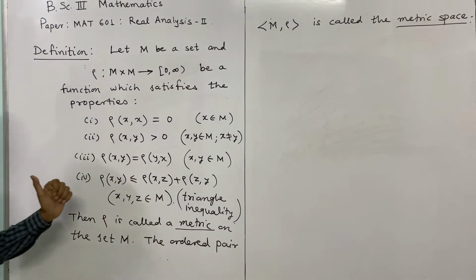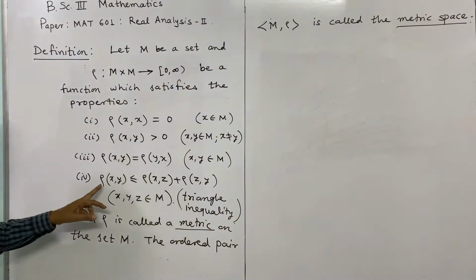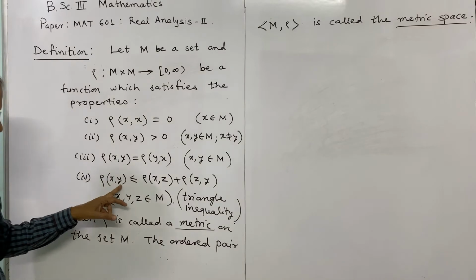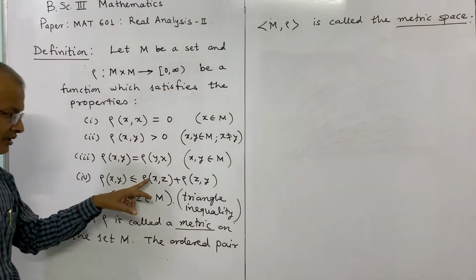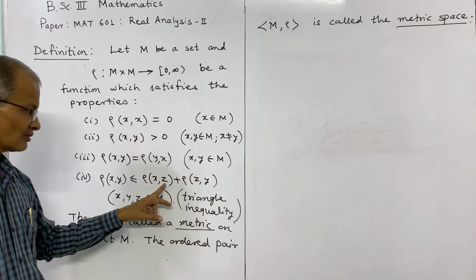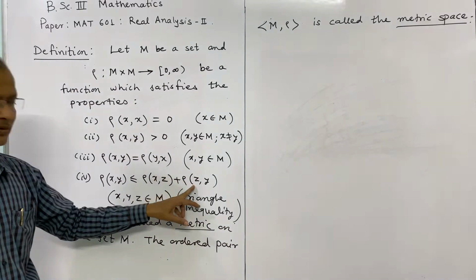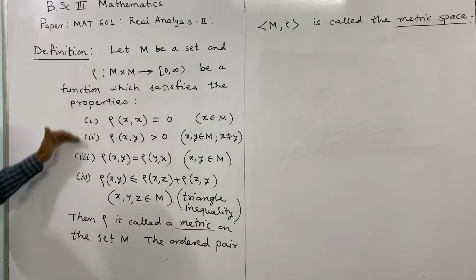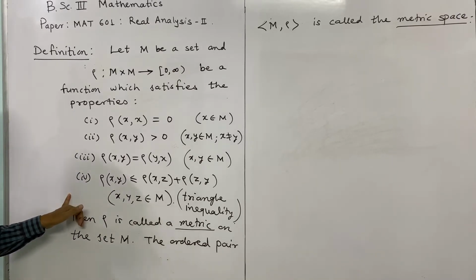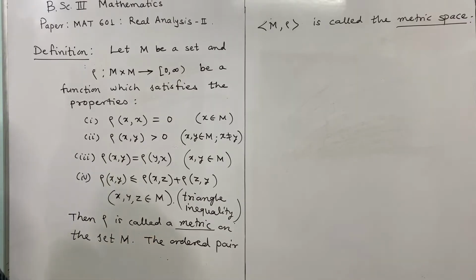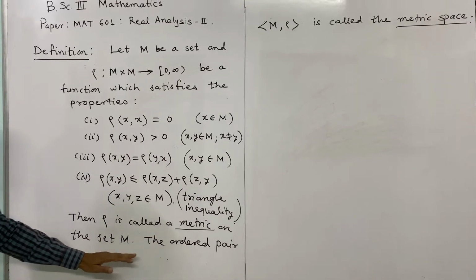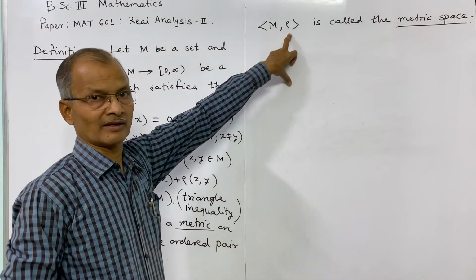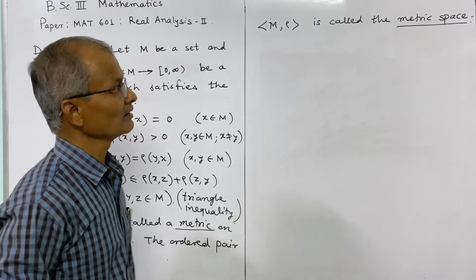So metric means distance function, and this is the triangle inequality. The direct distance between x and y is always less than or equal to the distance between x and z plus the distance between z and y, and that is the triangle inequality. If these four properties are satisfied by the function rho, it is called a metric on the set M. And then the ordered pair M, the set together with this metric defined on the set, is called the metric space.